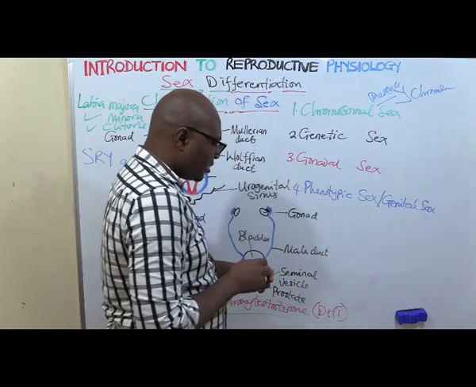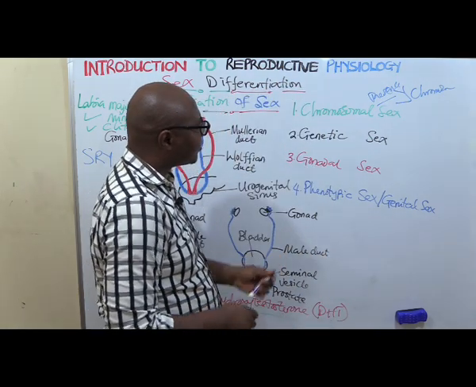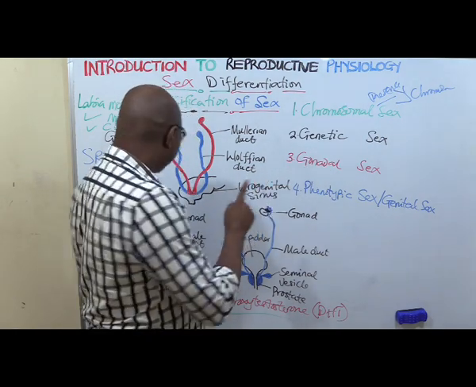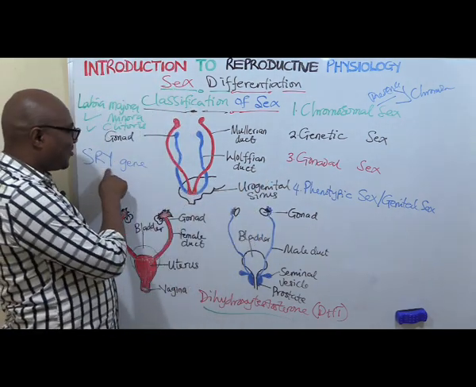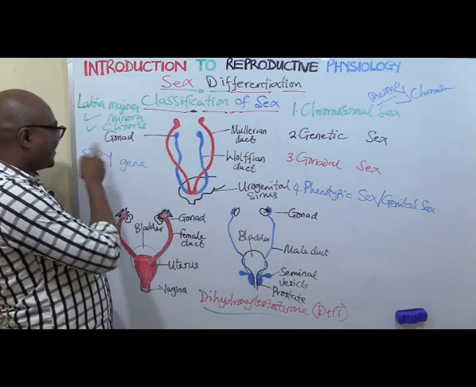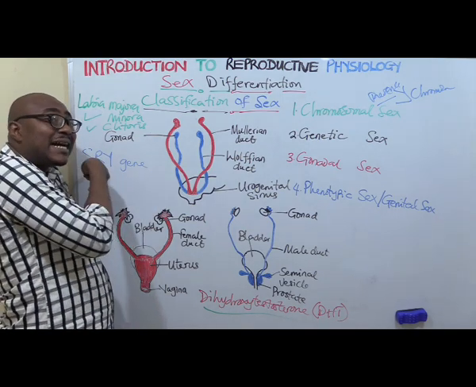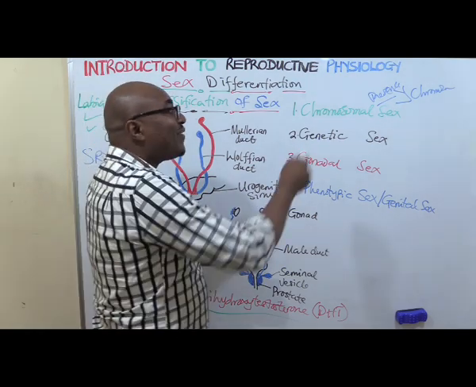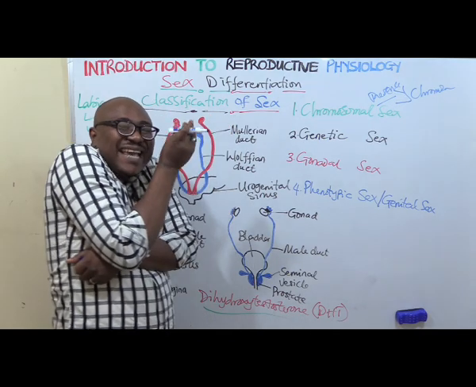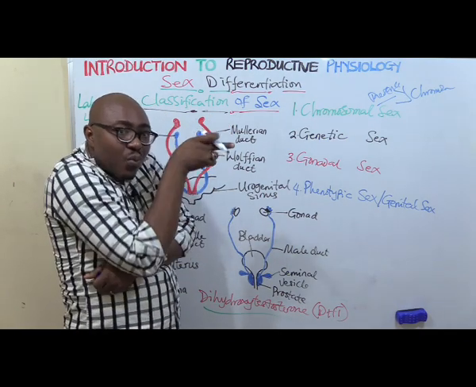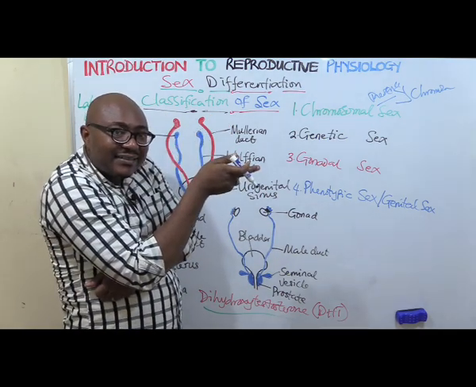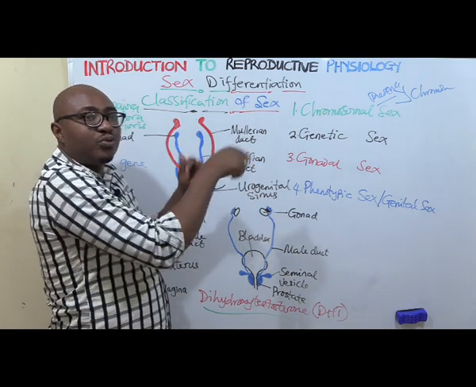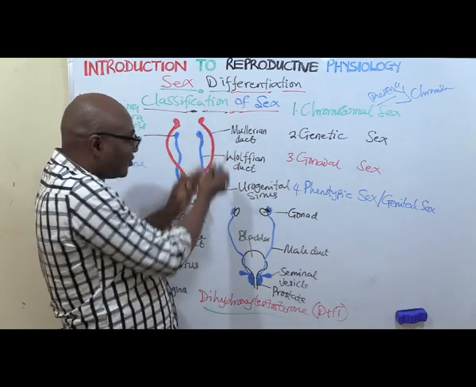Then the next thing you now ask yourself, what is genetic sex? Remember we talked about the SRY gene, which is the sex determining region of the Y chromosome. So you have a Y chromosome, but there is a region of that Y that expresses itself to produce those hormones that will lead to the development.